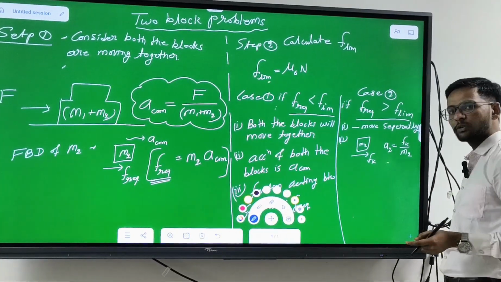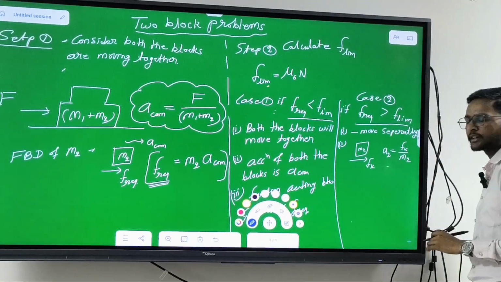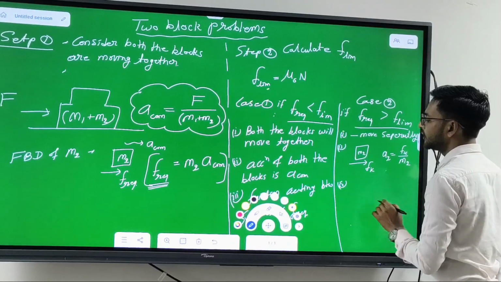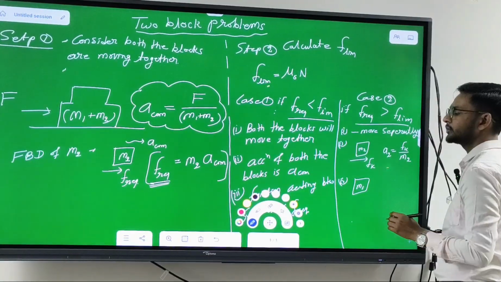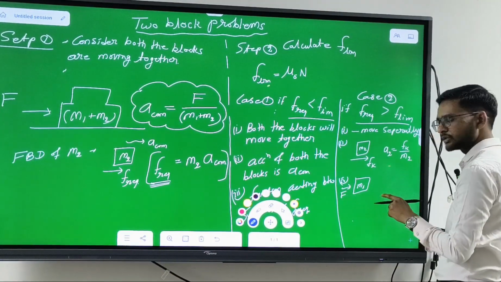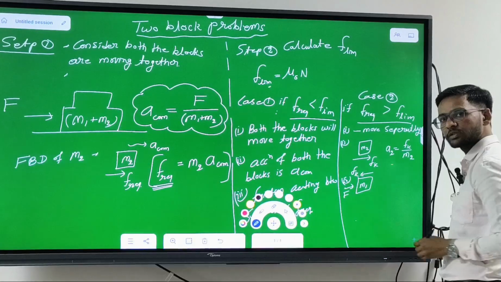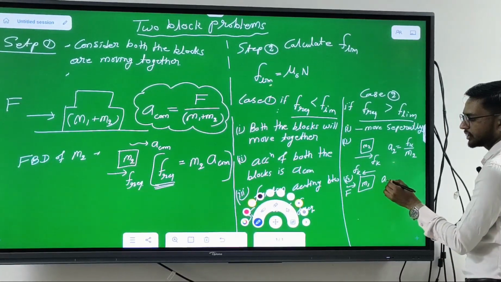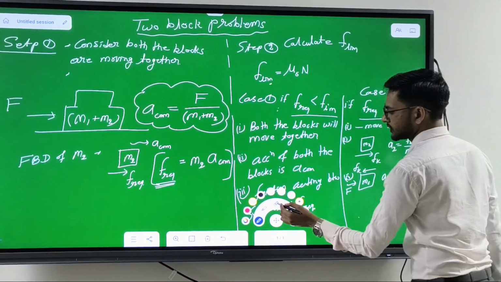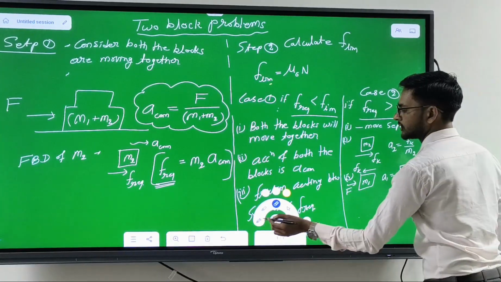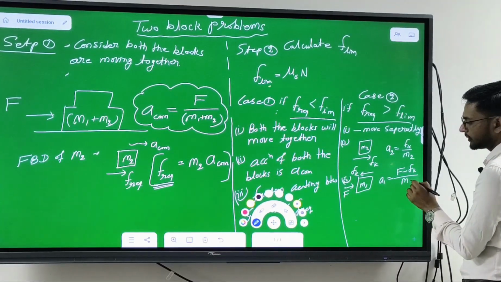What is the value of kinetic friction? It is mu k N. And what is the acceleration of the first block? We draw its free body diagram: the external force is acting on the first block, and kinetic friction is also acting on it. So the acceleration is F minus Fk upon M1.